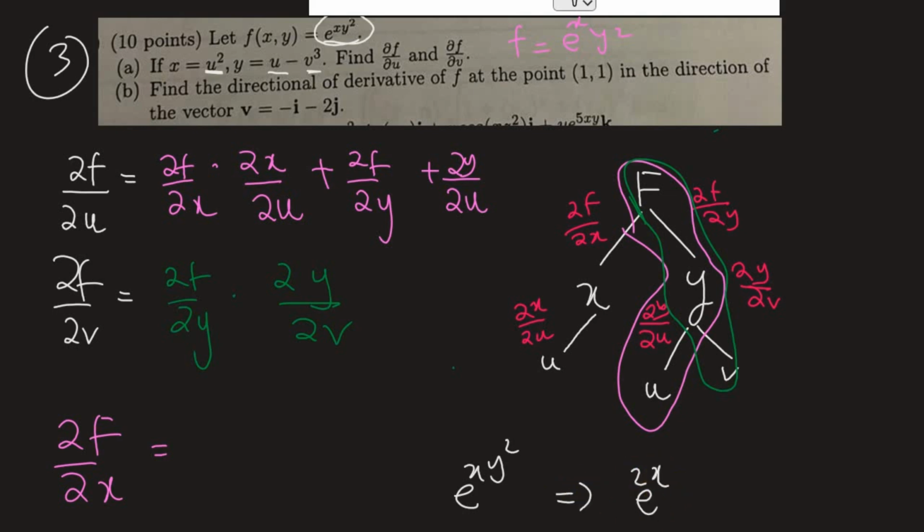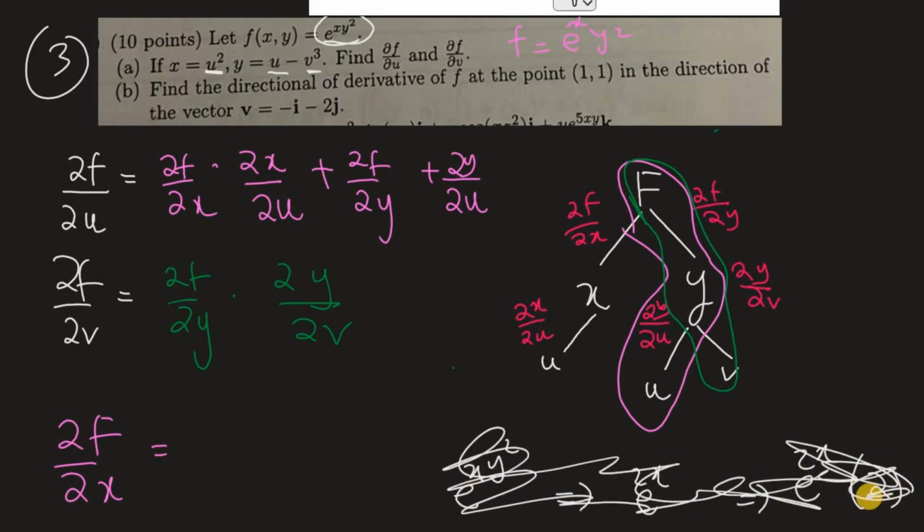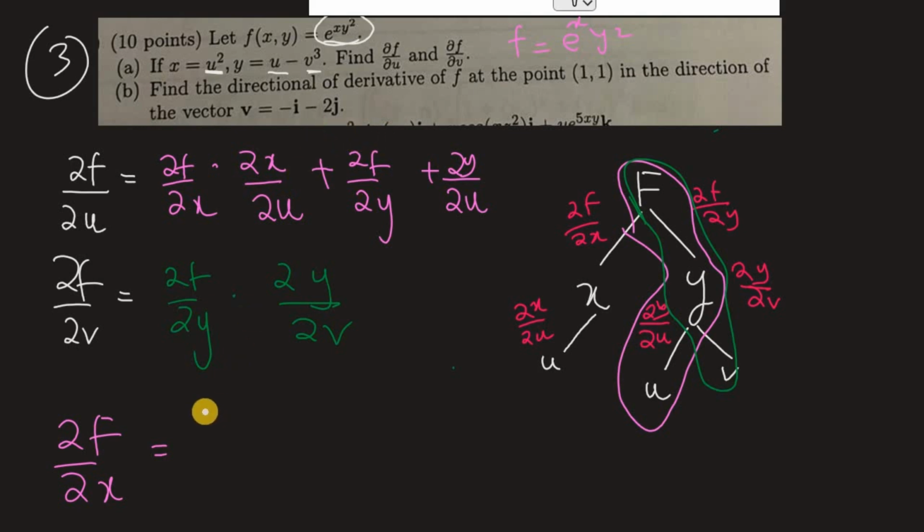And how do you take the derivative of this one? It's going to be the same thing: first e^(2x), and then you multiply by the inside function. The inside function is 2x, and the derivative of 2x is 2, right? So this is how you're going to do it. Similarly, here you have e^(xy^2).